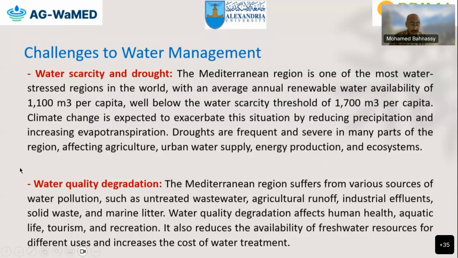The second challenge is water quality degradation. This is very important because the Mediterranean region suffers from various sources of water pollution, such as untreated wastewater, agricultural runoff, industrial effluents, solid waste, and marine litter.